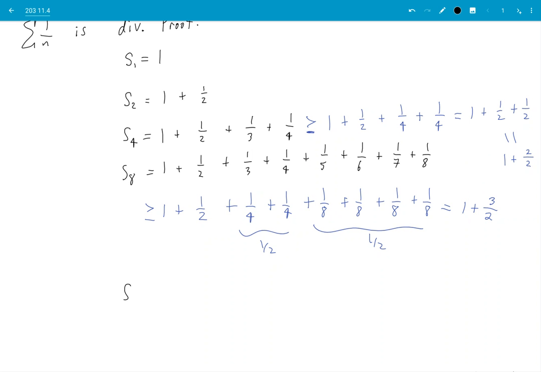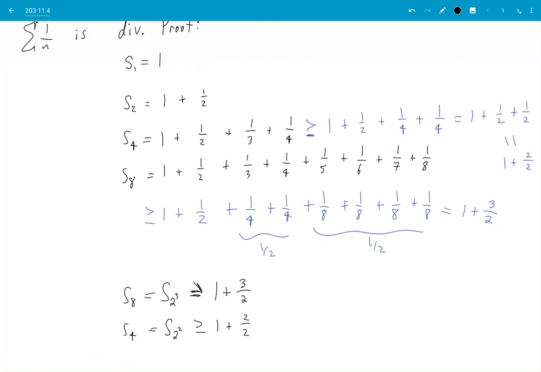So let's write that as S8, which is S_2 to the power of 3, is bigger than 1 plus 3 over 2. S4, which is S_2 squared, is bigger than 1 plus 2 over 2.